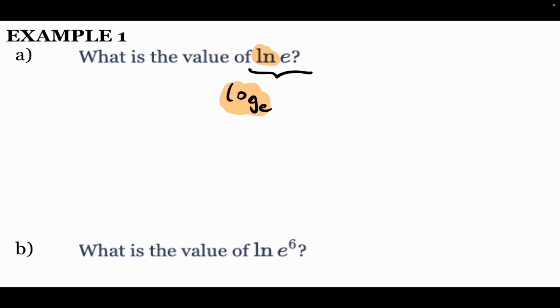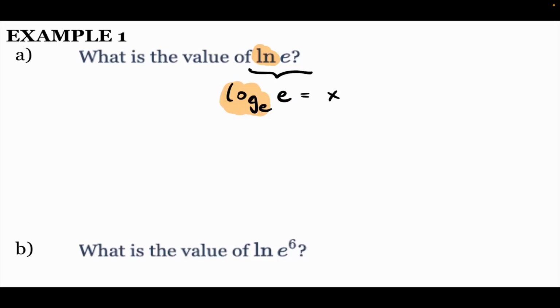It just has a base of e. That e right there that I didn't highlight is the answer part. What we have to figure out is the exponent part, like you did yesterday.